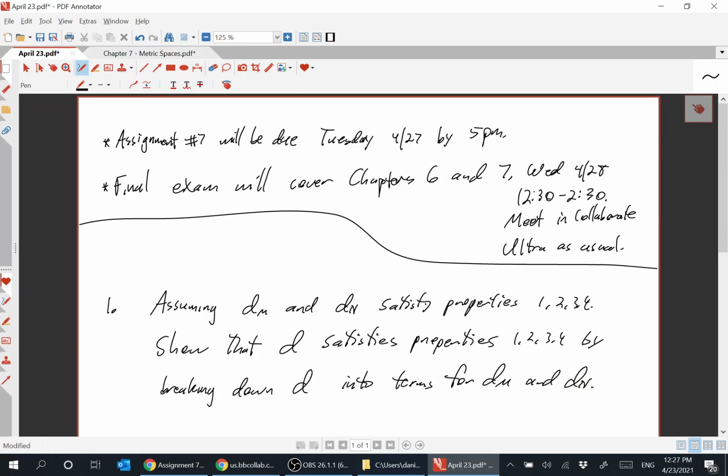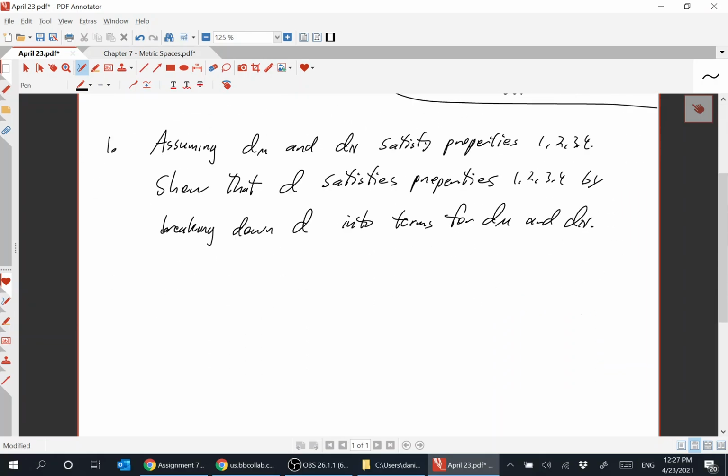Some similar ideas to what we've been doing with Cartesian products all along.